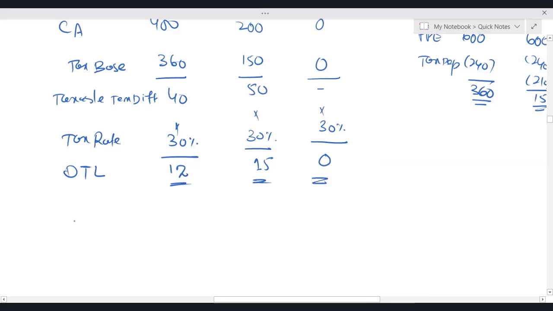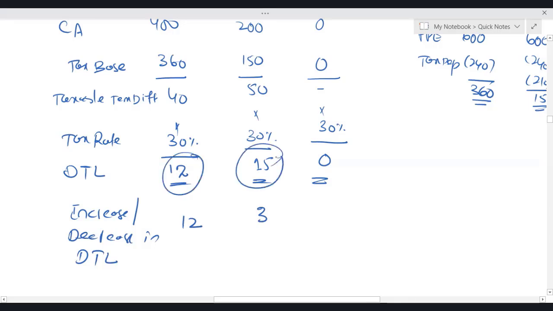In the first year, initially there wasn't any deferred tax liability. So directly there's a deferred tax liability of 12. Increase or decrease in deferred tax liability: there's an increase of 12. There is an increase of 3. From 12, we have reached 15.